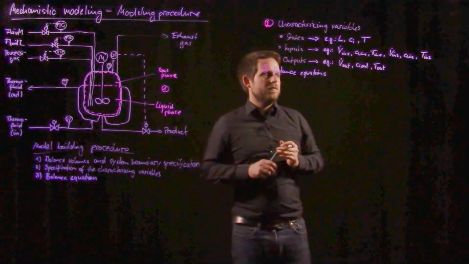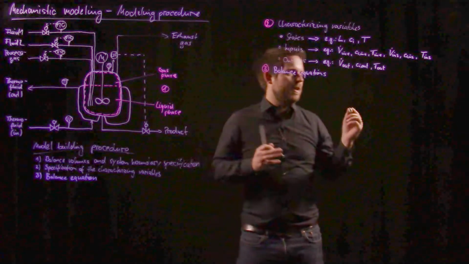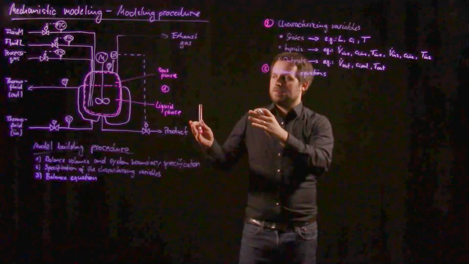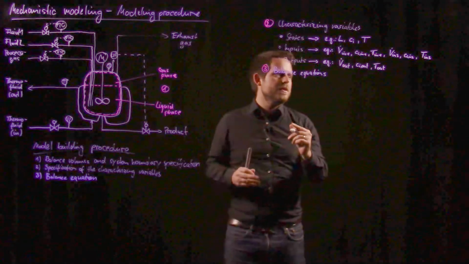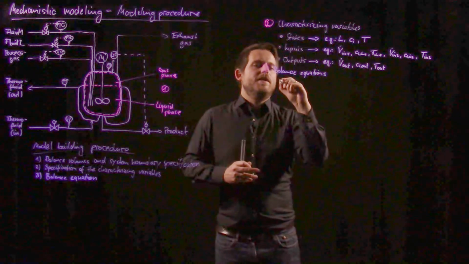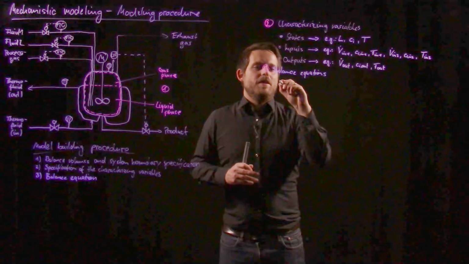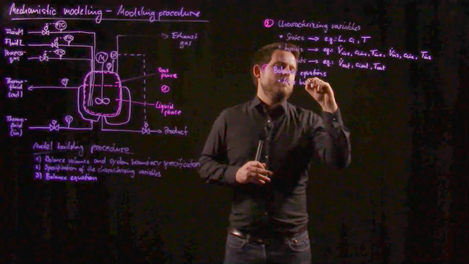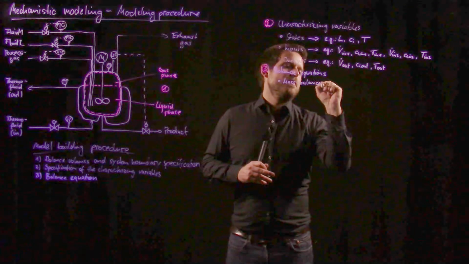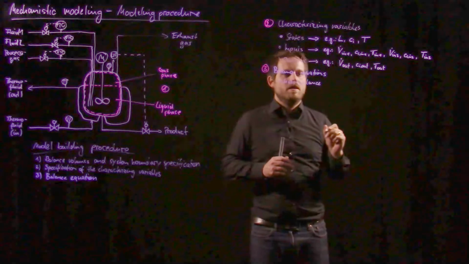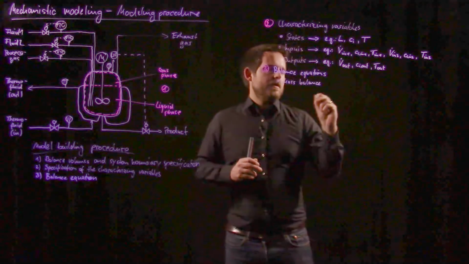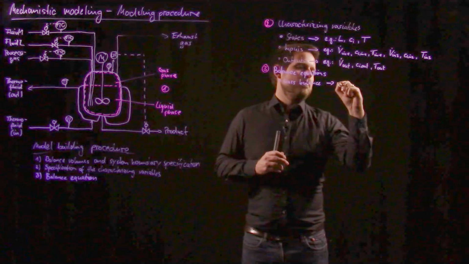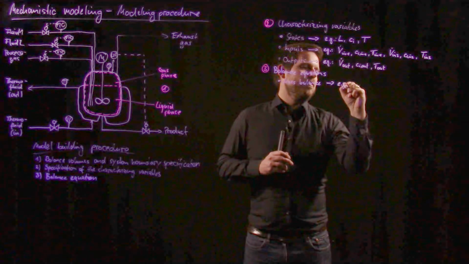And here we have different ones we can use. I already talked about conserved quantities, and these are related to that. So we could have a mass balance, because we can count what amount of mass goes into the system and goes out of the system. And this would be then an equation of the following form.